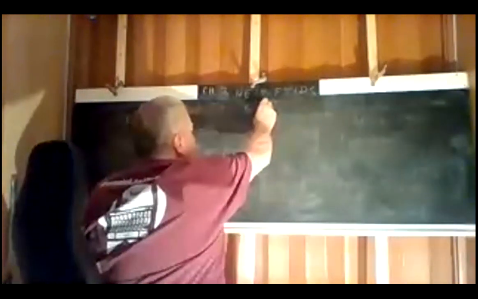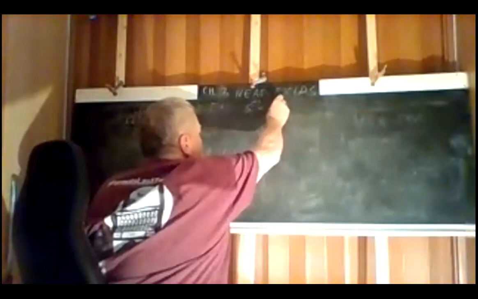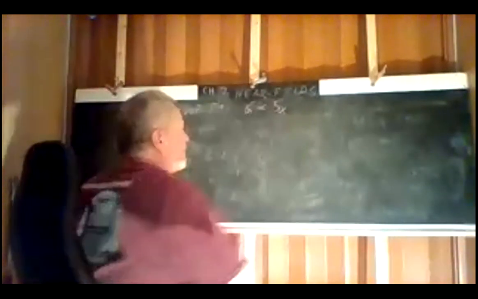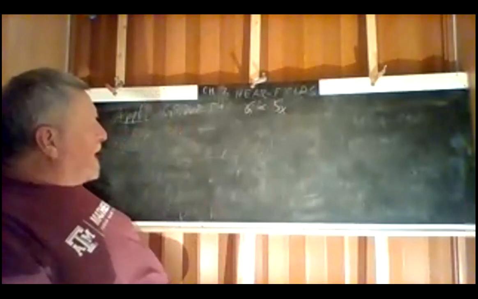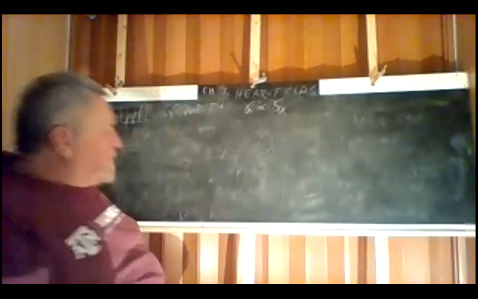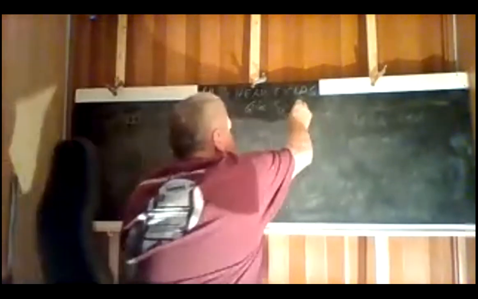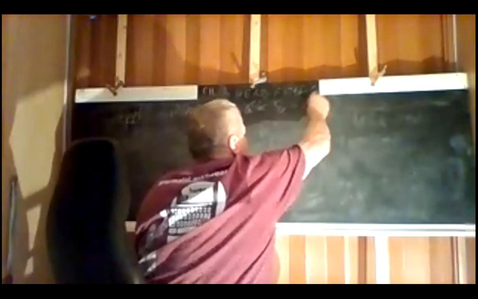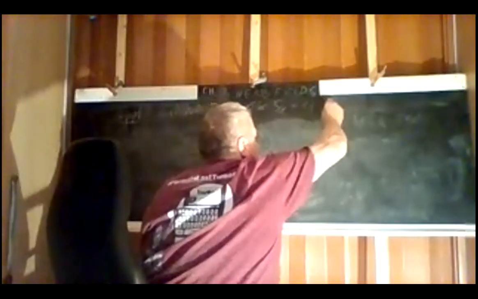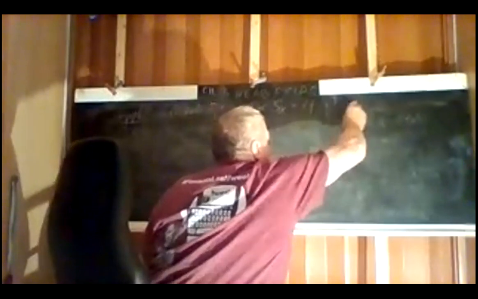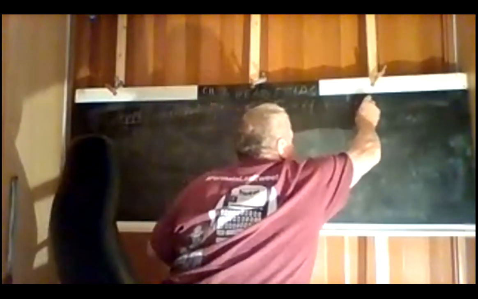We have a group which is a subgroup of the symmetric group on X for a set X. This is just the set of all F from X to X such that F is bijective.